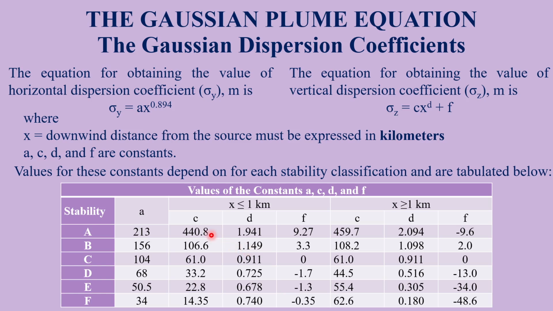But you can see there are two sets of values for c, d and f. When x is up to 1 kilometer, then this set of values will be used for c, d and f. And when x is greater than 1 kilometer, then this set of values will be used. You can see my last video where I solved a couple of problems in this regard.